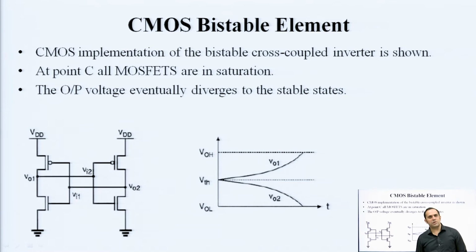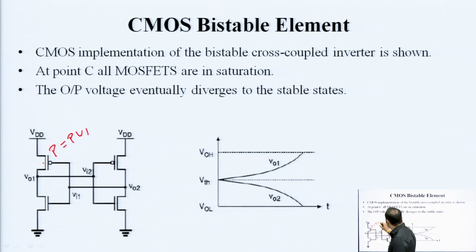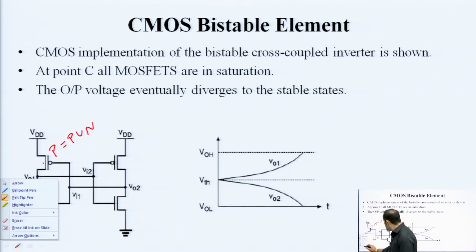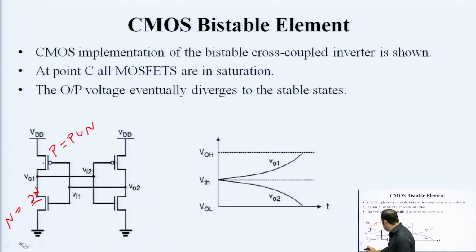And let us see how CMOS implementation is done. So, you can have an inverter here, a P type pull up network and an N type pull down network. When the input becomes high, the output gets pulled down, when it becomes low, it gets pulled up.